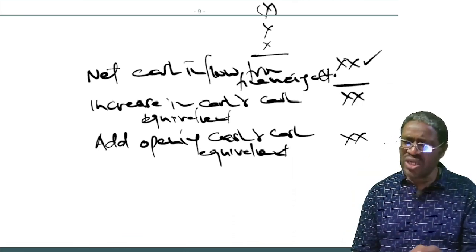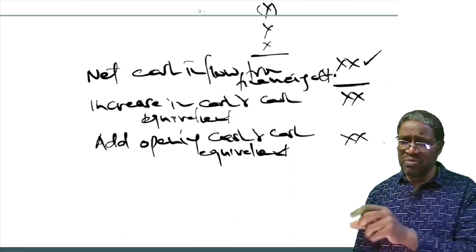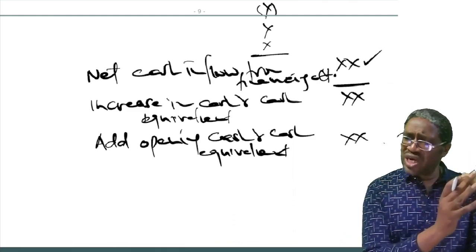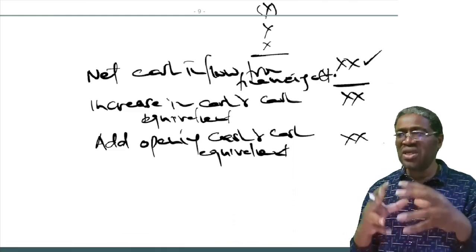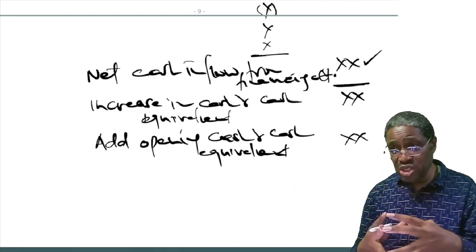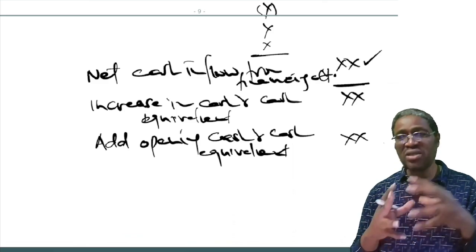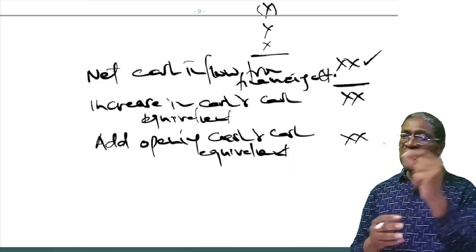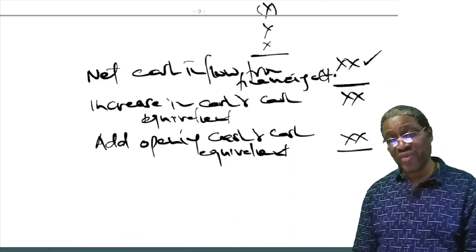When I say we are adding opening cash and cash equivalent, meaning whatever was the closing cash and cash equivalent last year automatically became the opening cash and cash equivalent this year. So by the beginning of this year, whatever was the closing last year became the opening. That's why we are calling it opening cash and cash equivalent.